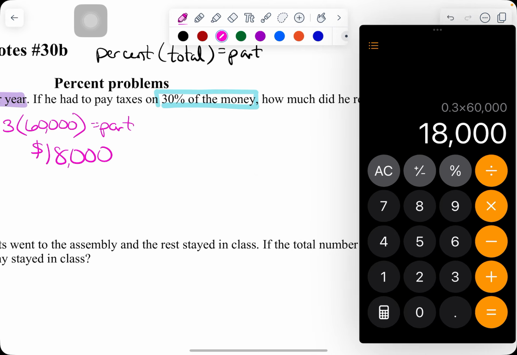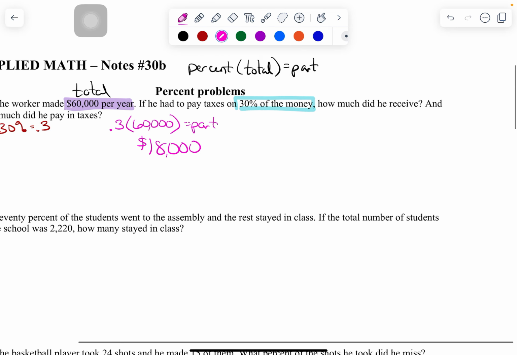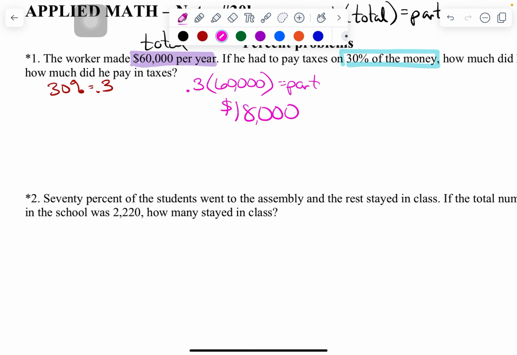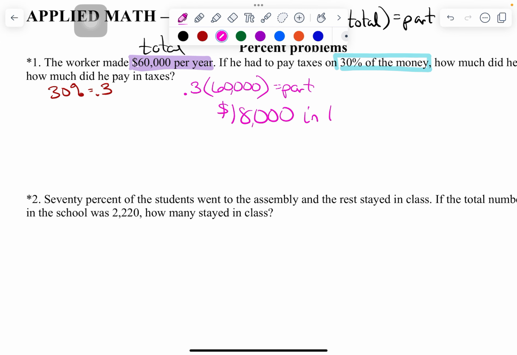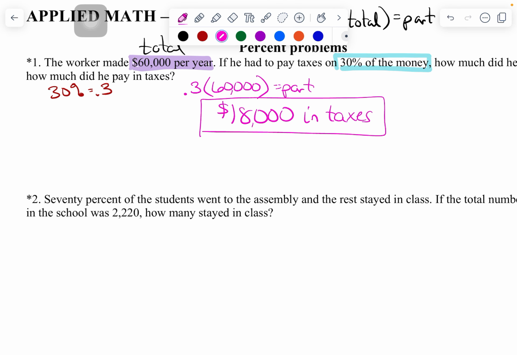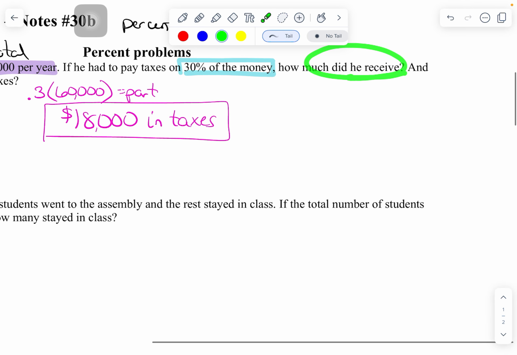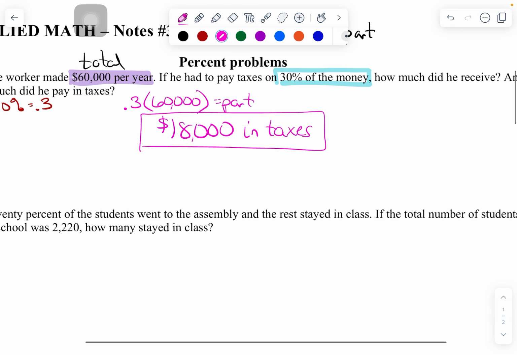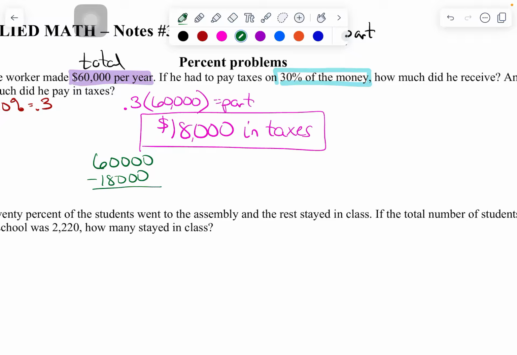So this is what he paid in taxes: 18,000, because it says he paid taxes on 30% of the money. How much did he receive? To figure that out, I'm going to take the $60,000 that he was paid per year minus 18,000, and that would be what he receives.